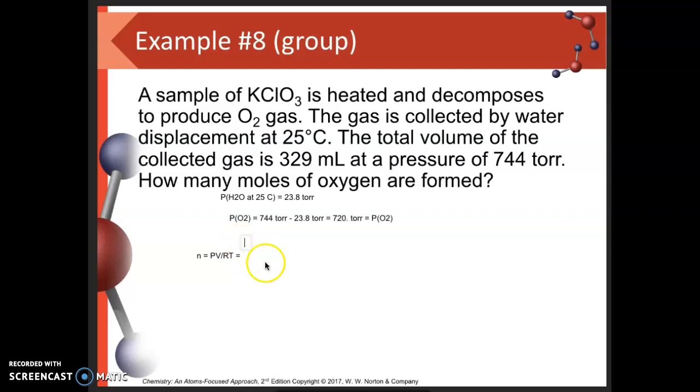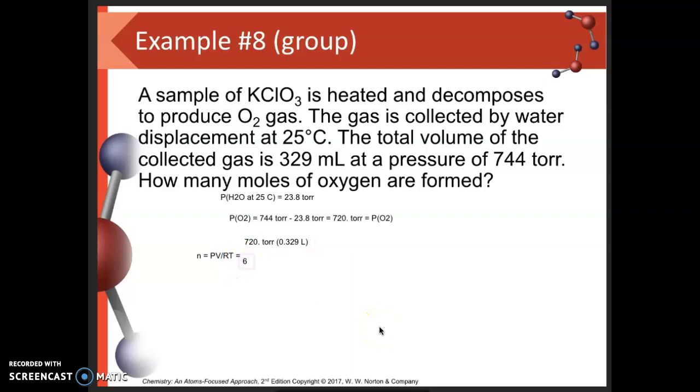n is equal to PV over RT. My P is 720 torr. My V is 0.329 liters. Again, remember, I turn those milliliters into liters before I start using the ideal gas law.